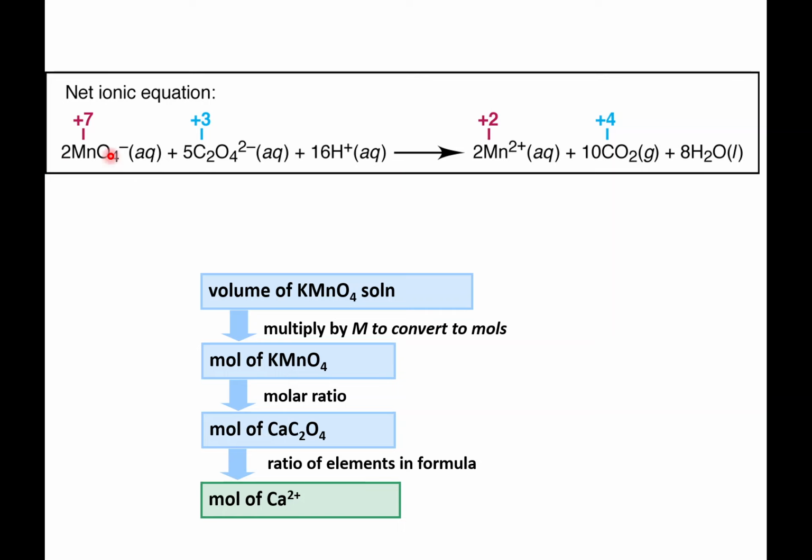So in this case, you have 2 moles to 5, and you would convert from moles of one thing to moles of another, and then in this case, you're trying to find the moles of calcium itself, so you'd have to use the ratio of elements in the formula.